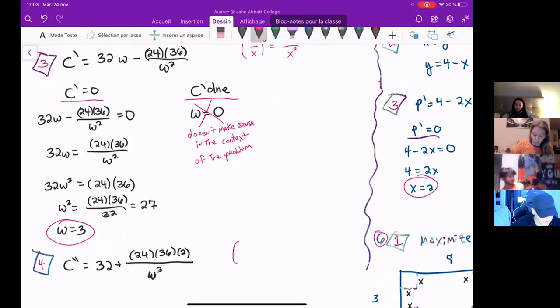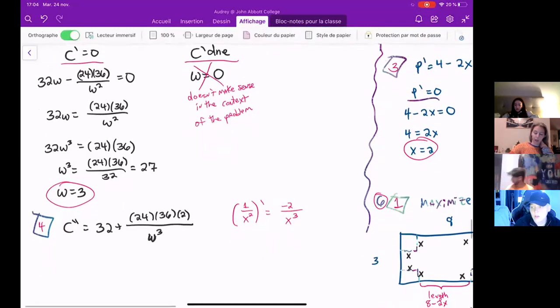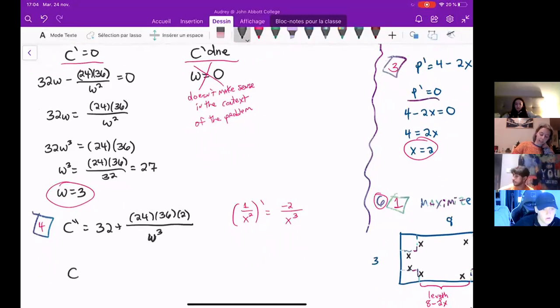And here again, we're just reminding ourselves 1 over x squared is equal to negative 2 over x cubed. And that's where that derivative came from. And then we're looking at C double prime of 3. I don't care about that 0. It's not important for me.